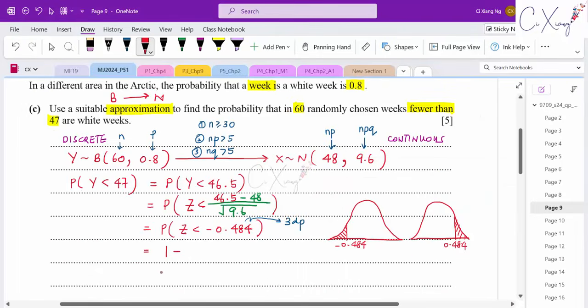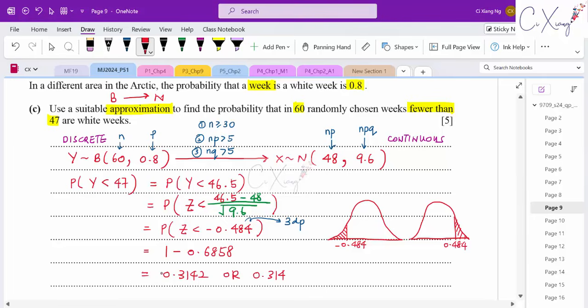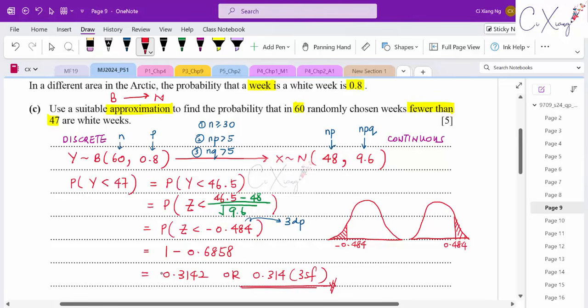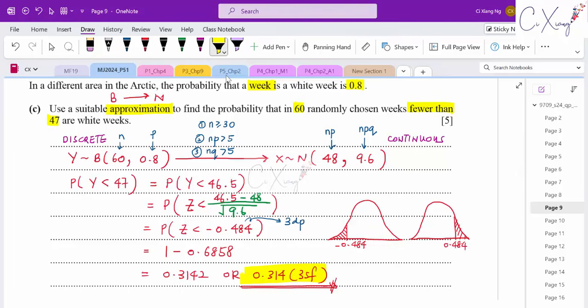Go back to our solution here. I have to minus 0.6858, and you should get 0.3142. Or you can make it 3 significant figures, which is 0.314. Basically this is how we solve question number 5.